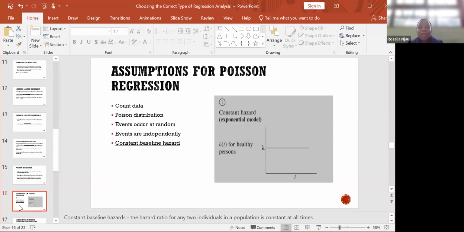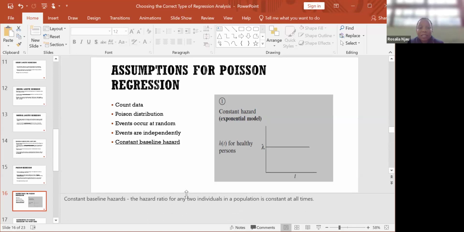The assumptions of Poisson regression are that there should be count data, and the distribution of the dependent variable should be Poisson. The events should be occurring at random, and events are independent. And the most important one, the one that distinguishes it, is the constant baseline hazard. Constant baseline hazard means that the hazard ratio for any two individuals in a population is constant over all times.